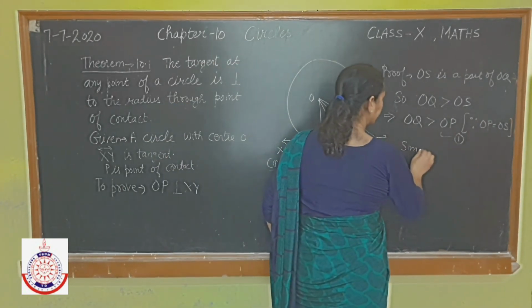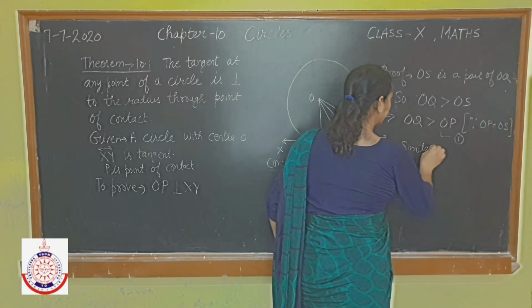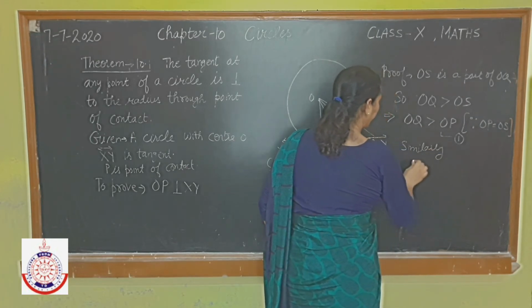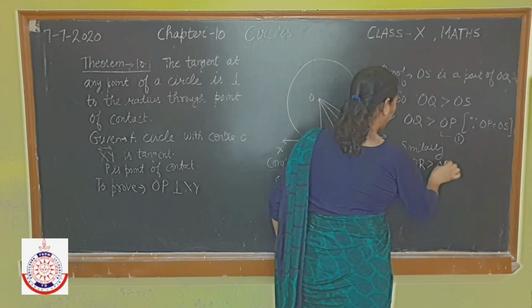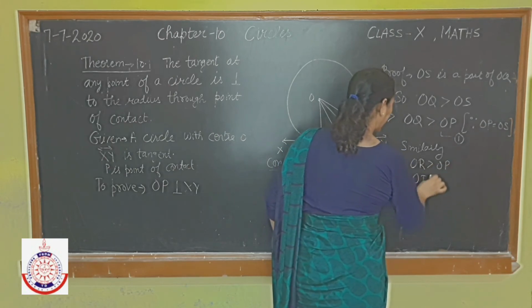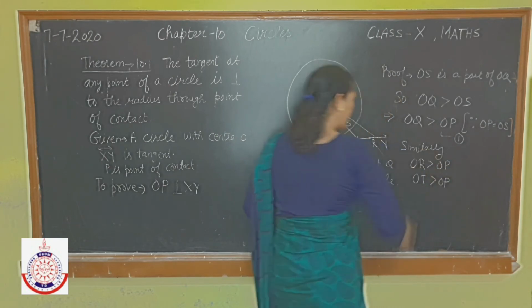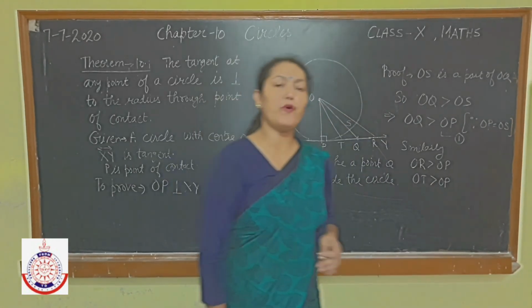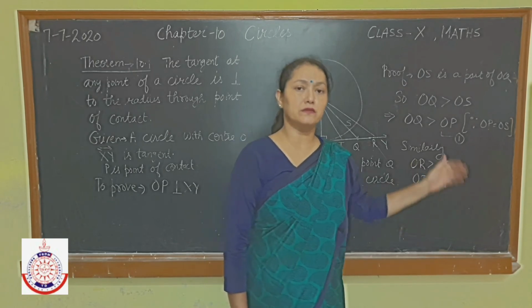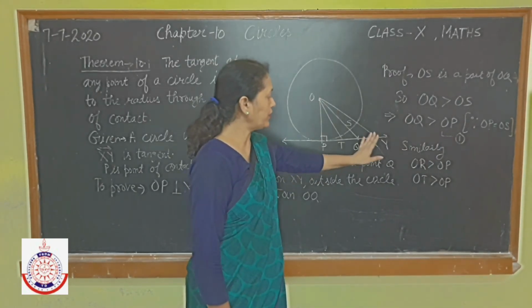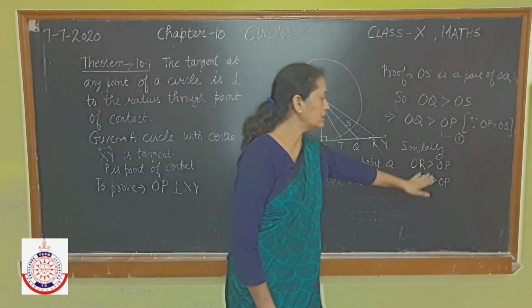Similarly, if we take more points, OR greater than OP, OT greater than OP. Means if we take any point outside the circle and join it with the center, this joining line would be greater than the radius.